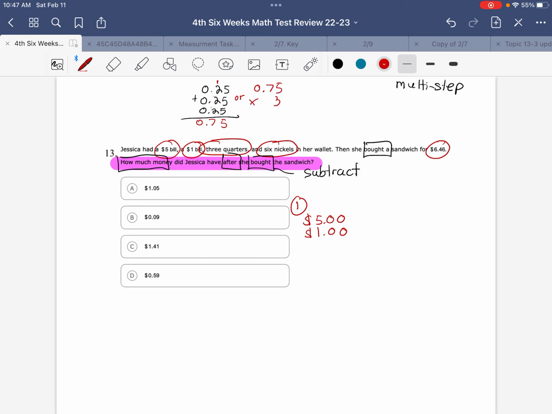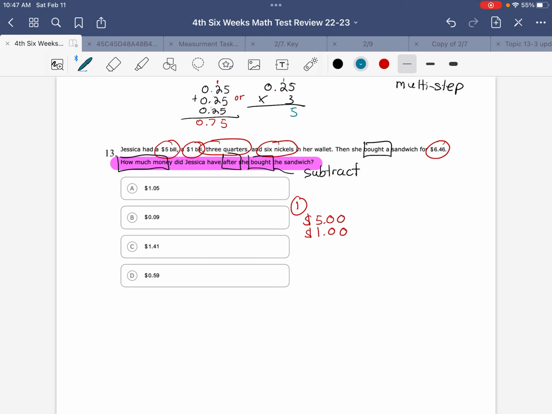Another way you could have done that is you could have said 0.25 times 3, because a quarter times 3 because you have 3 quarters. 5 times 3 is 15.